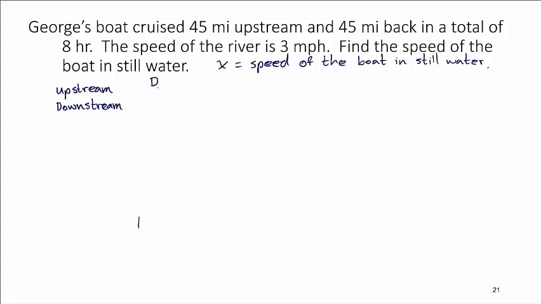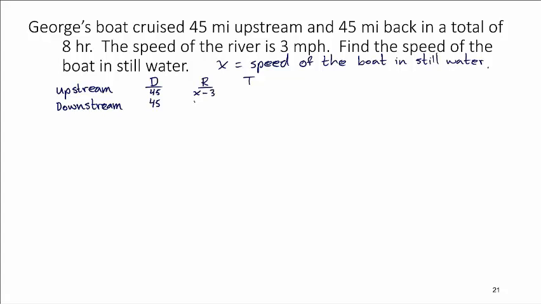And we've got some information about distance, rate, and time. The distance that he goes upstream and downstream is the same. It's 45 miles. And then the rate upstream, we're going to be going slower, right? So we're going to take the speed of the boat and subtract 3 miles per hour.